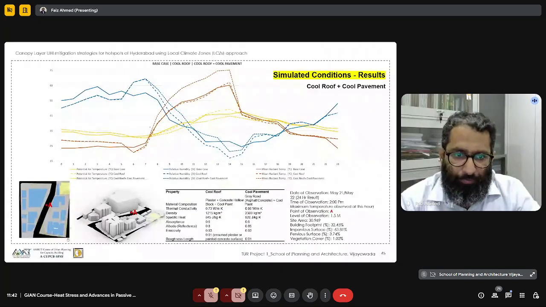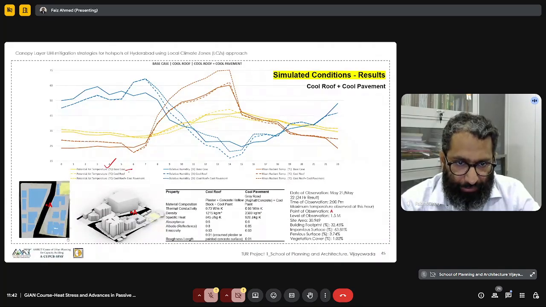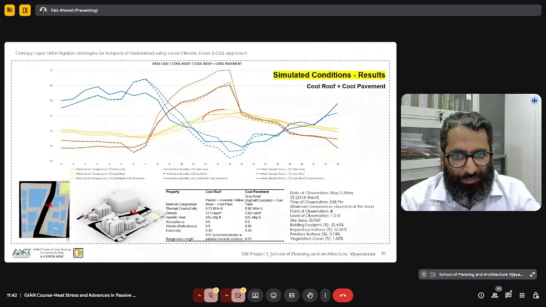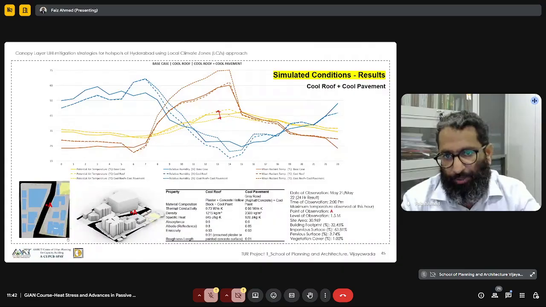So what happens? We have potential air temperature for the base case, potential air temperature for the cool roof case, and potential air temperature for the combination of cool roof and cool pavement, which is the orange line that you see here. I think there is not much variation that you can see in terms of air temperature in all three cases.